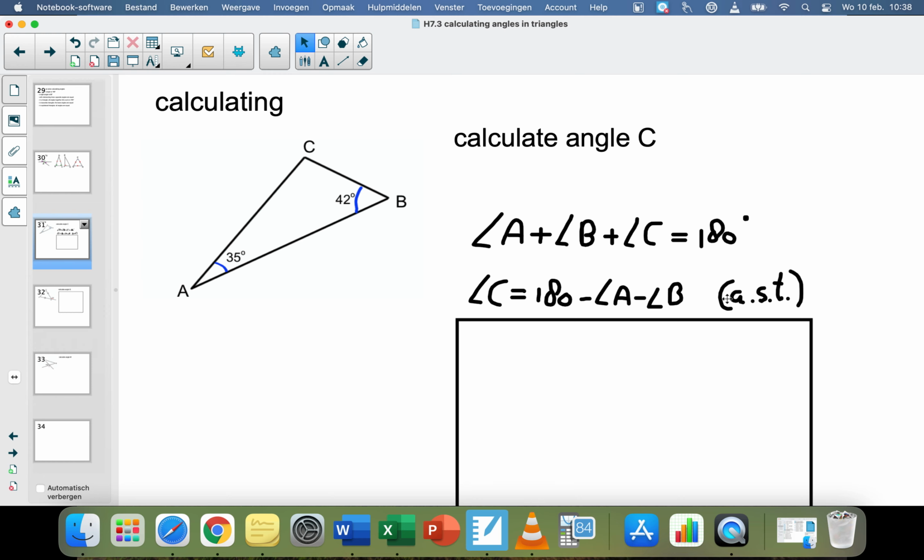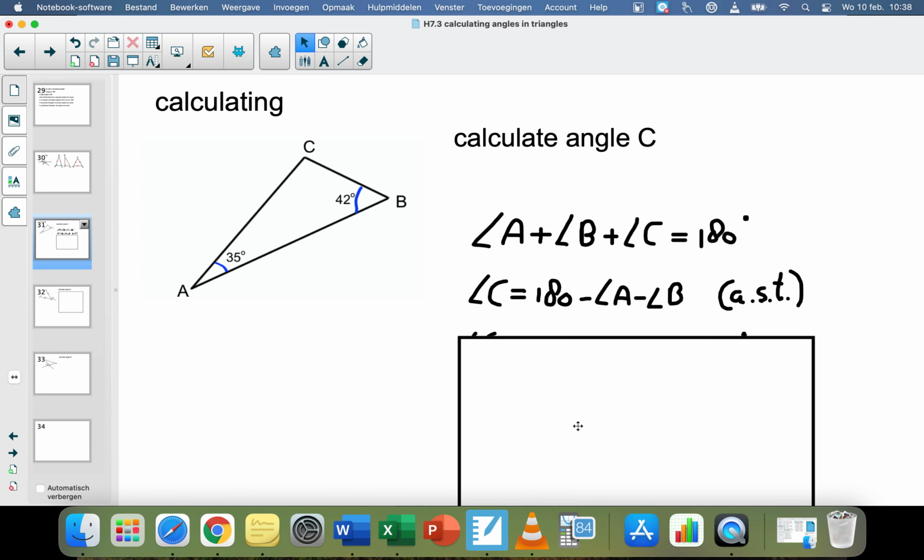And we have to write the rule we use. We always have to add the rule we use. So we're using the angle sum of the triangle, and we abbreviate that to AST, just because it's shorter to write. So AST means angle sum triangle, but we always have to write down the rule we use. We use that all the angles in the triangle are 180 degrees, so that's what we write down.